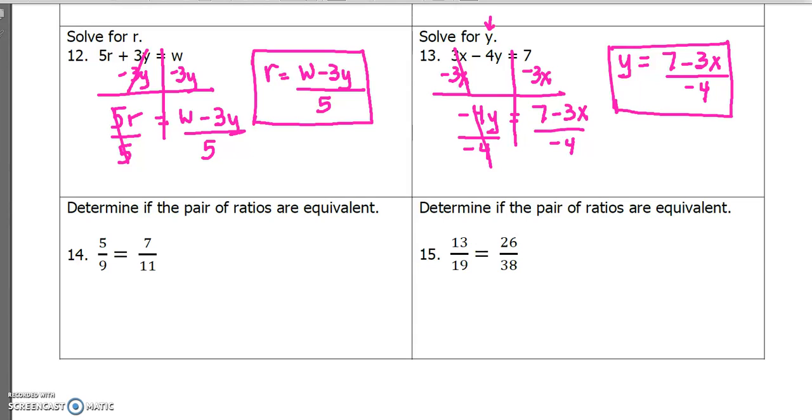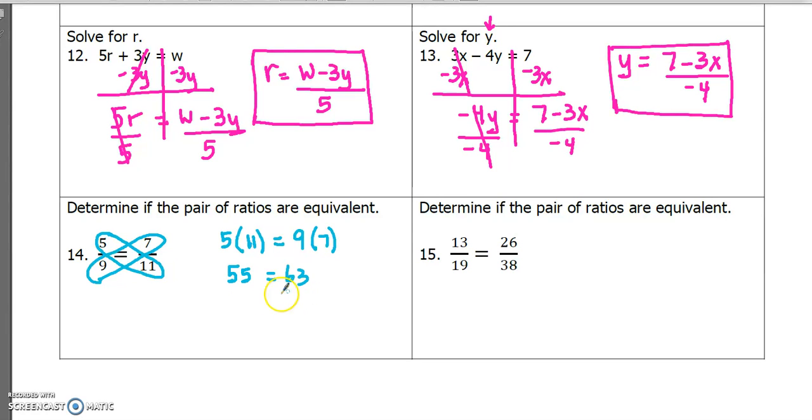The next thing we're going to do is we've got some ratios, and they're asking us if they're equivalent. So I have a pair of ratios. To find out if they're equivalent, I'm just going to cross multiply. And if my two products come out to be the same number, then they are equivalent. So if I multiply 5 times 11, and then 9 times 7, well, 5 times 11 is 55. And 9 times 7 is 63.